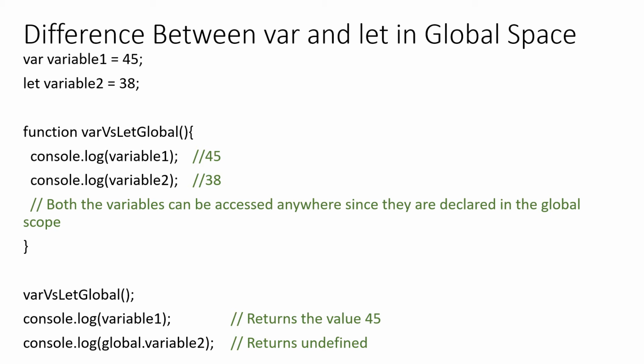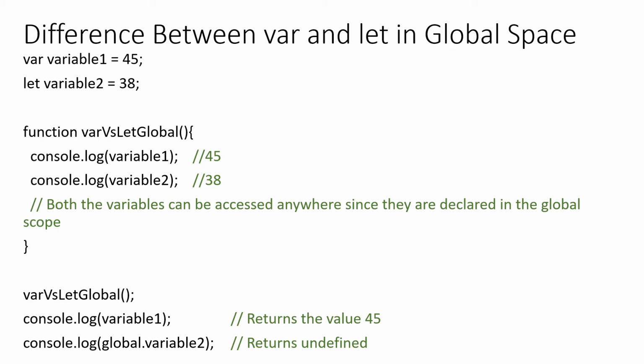So we can see the difference. What is the difference between var and let in a global space? So let's start. var variable1 equals 45, let variable2 equals 38. Now let's dive into the function. We have declared the function varVersusLetGlobal.